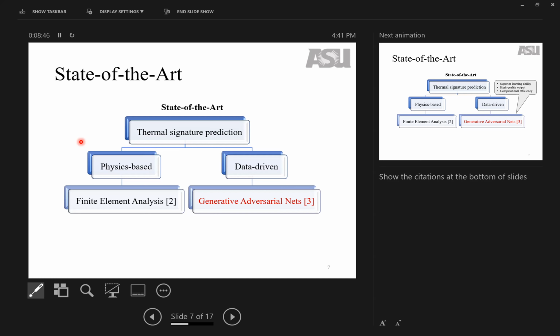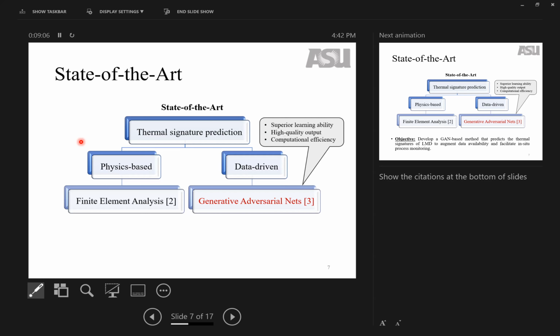That is the physics-based method, and it is commonly adopted for thermal signature prediction. But a major concern with this type of method is the cost and time demanded for developing it.